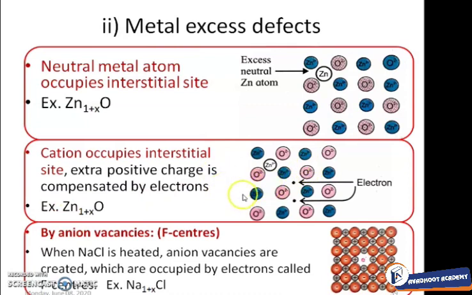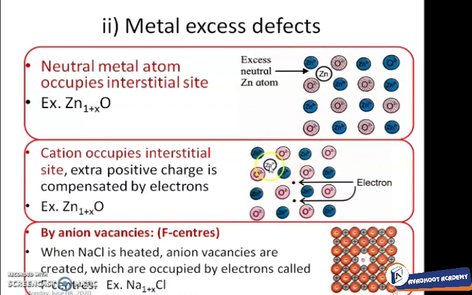An example of this type of defect is also zinc oxide. The difference between the first and second type is that in the first case there is an extra neutral zinc atom, but here there is an extra zinc cation, and therefore if these two extra electrons are not there, there will be an imbalance between positive and negative charges.